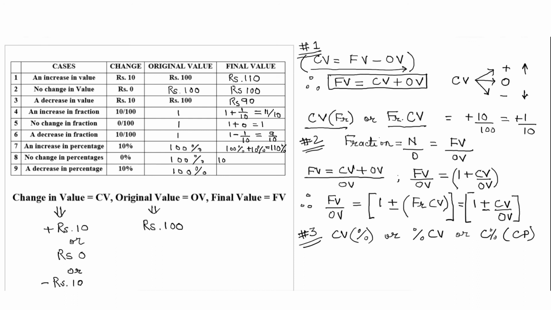In this case, in the 8th case, we can say this is 100% plus 0%, which is the fraction, let's say the final percentage change in value. If it was 100%, which equals the original percentage value, in that case, that means there is no change. And in the last case, we can put it as this is 100% minus 10%.